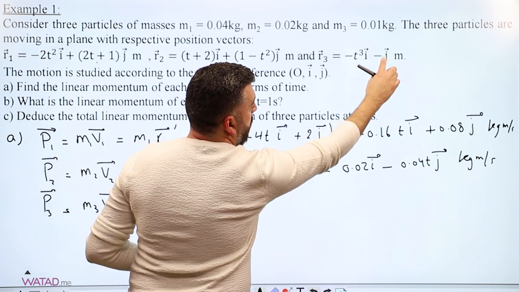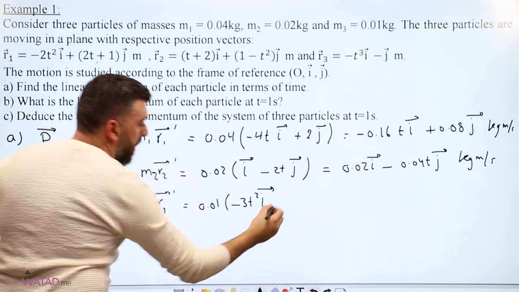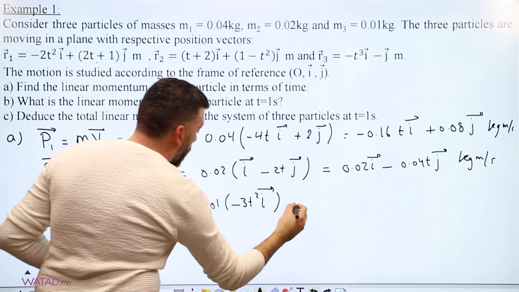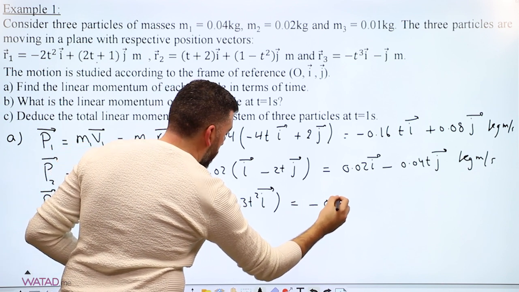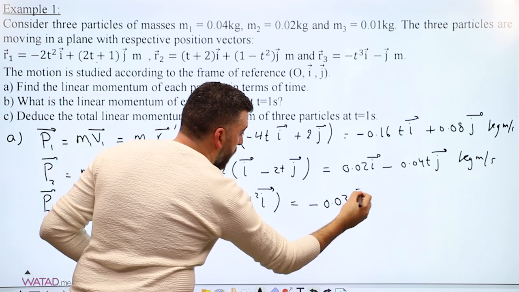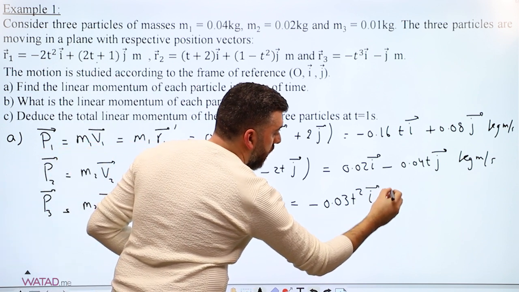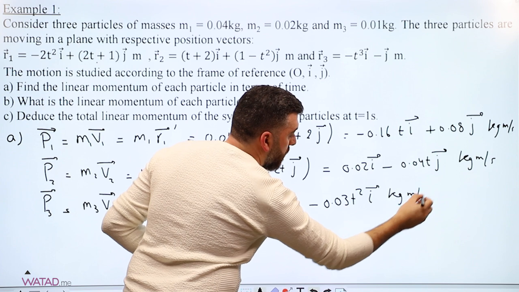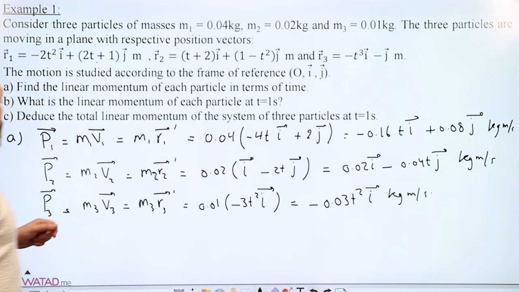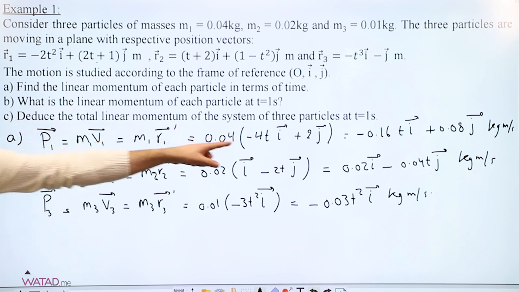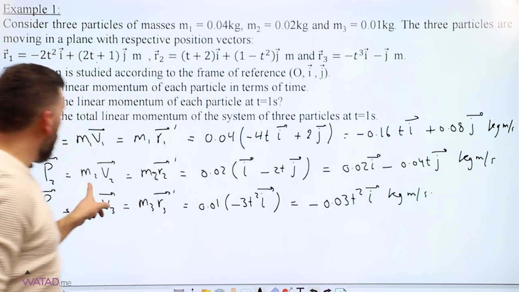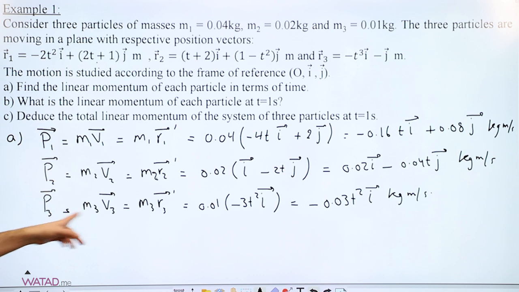The derivative of the coefficient of j is 0, so it's minus 3t square i, equal minus 0.03 t square times i kilogram meter per second. So this is the momentum for the first particle in terms of time. Here it's a function of time. This is p2, also a function of time. p3, a function of time.